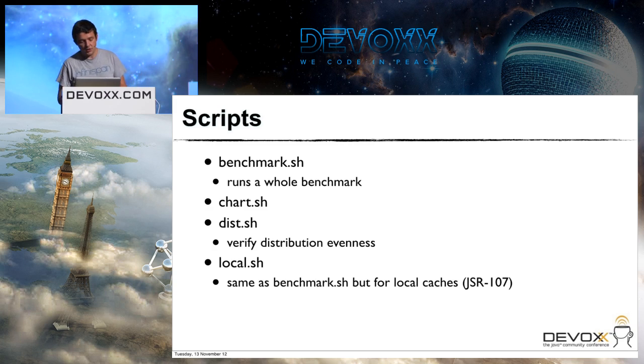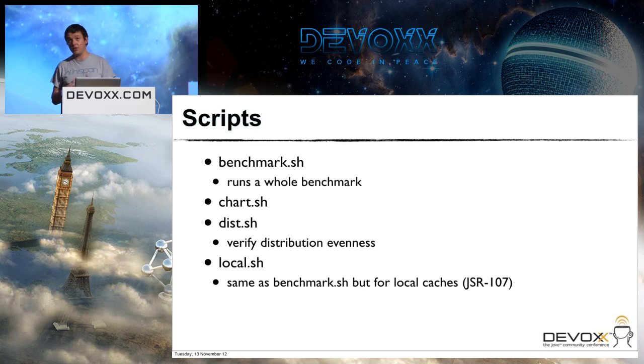local.sh is for benchmarking local caches. It does the same thing as benchmark.sh, but for local caches. There is a standard, well, there is a standard on its way. Actually, it has been on its way for the last 10 years. It's JSR 107. It's an effort to standardize the local caches, not the data grid.